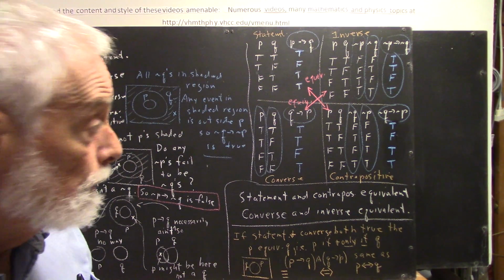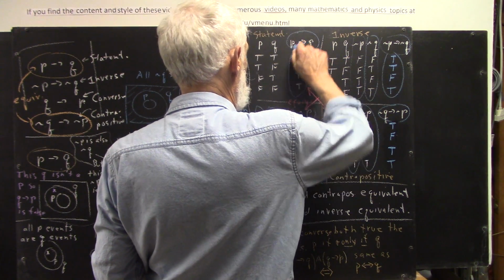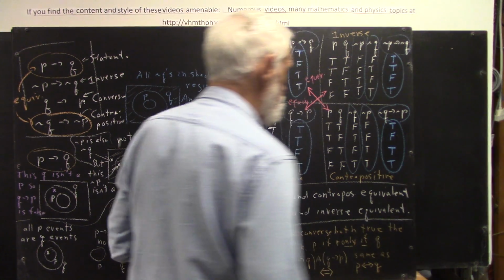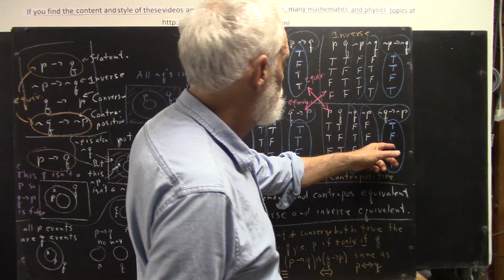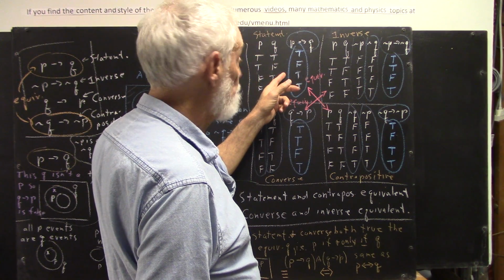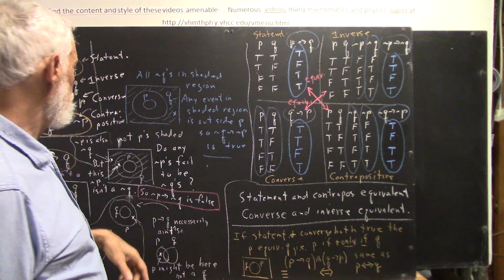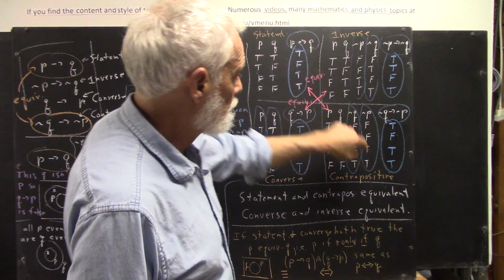The result that we see here, and I notice I've got this circled because that's our ultimate set of truth values, so let me circle those here and here and here as well. We see that these truth values are the same as these, which confirms what we concluded over here, that the statement and its contrapositive are equivalent.